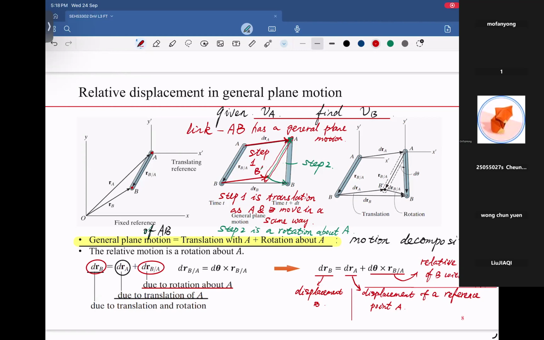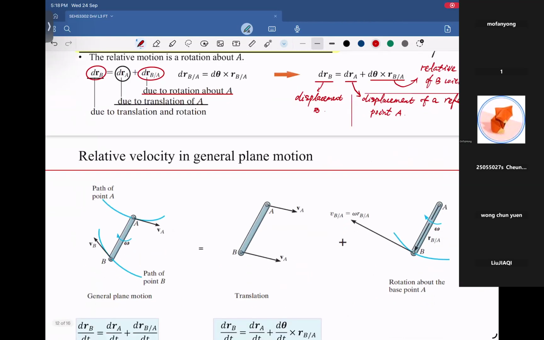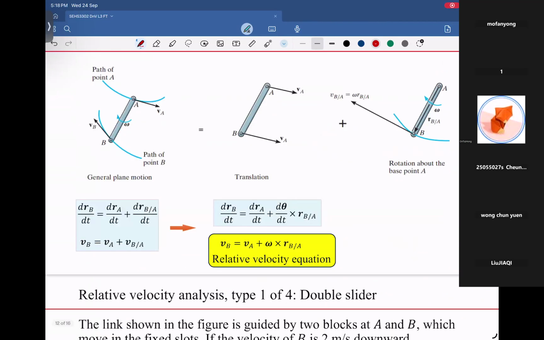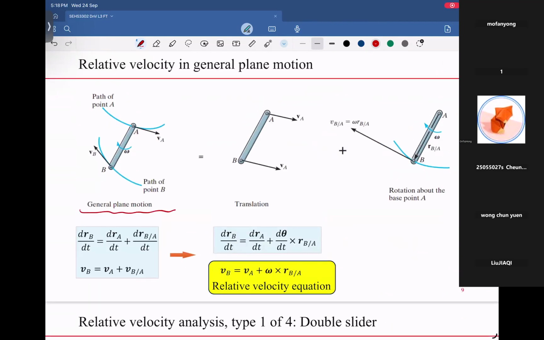And we can use some plan, okay? Let's see. So we have a motion like this. General plane motion can be decomposed as a translation and a rotation.